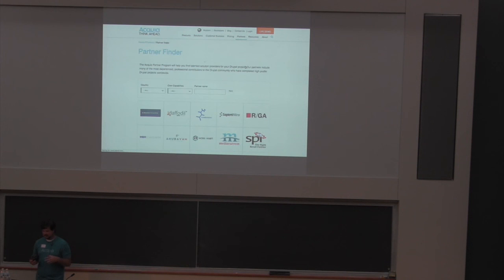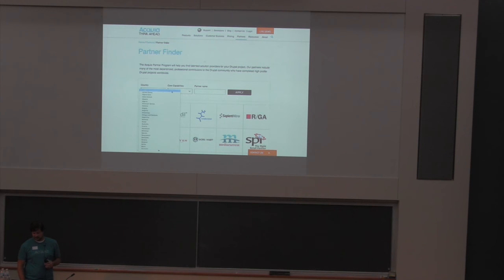But so Acquia works with something like 700 or 800 different agencies that do different things. And so we actually put this finder in place for our customers because we do support and enablement and the cloud platform for Drupal. We don't build stuff. But what this allows you to do is go through and look through our entire partner directory based on where they are and their specific capabilities, because sometimes partners are focused on design or implementation.